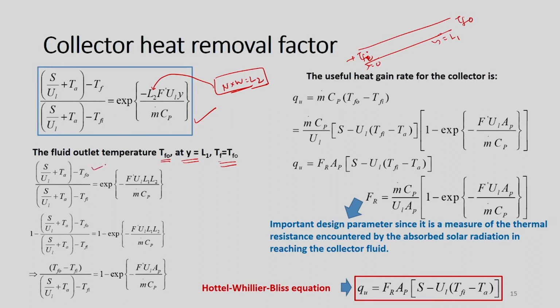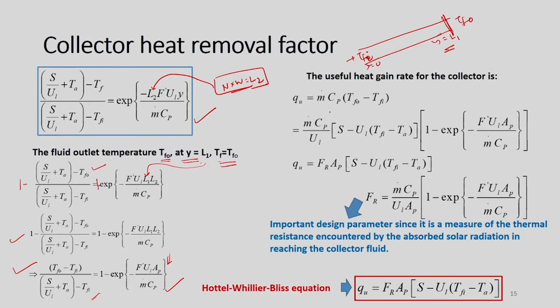So this will be here at the outlet. And if it is at the outlet, then y will vary from 0 to L1. Okay. So that is how it is L1 here. Now if we deduct this expression from both sides, so this will be something like this. So we will have this kind of expression. Okay. TFO minus TFI divided by this expression is equal to 1 minus exponential of that considered P, right.